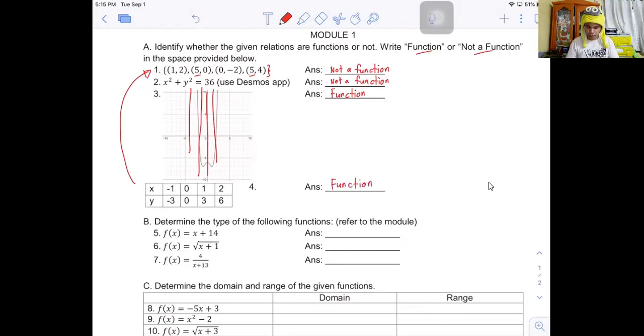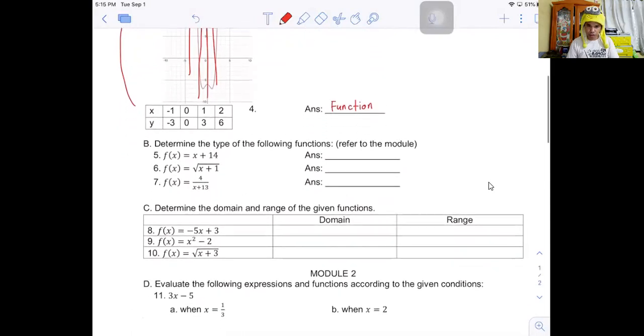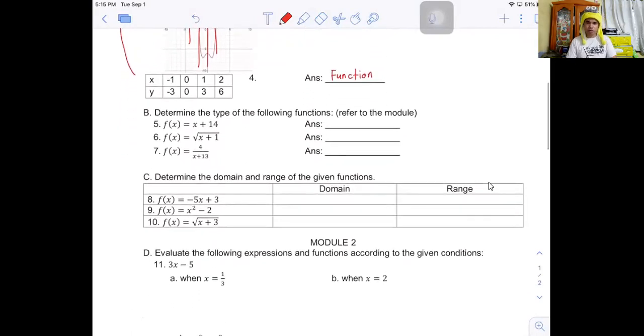Okay, now let's go to the next part, which is letter B. Determine the type of functions. You are asked here to determine the type based on what is in the module. For number 5, the answer is linear. Why linear? Because the highest exponent of the variable is 1.